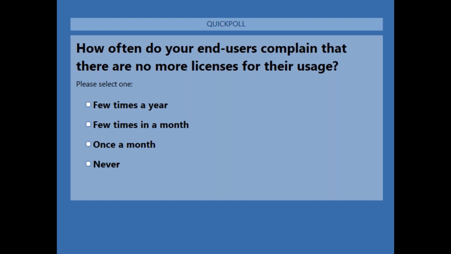So about 50% say that it happens a few times a year, which is a good sign. So basically people are ensuring that they have enough licenses for their engineers, architects, and technicians to be able to do their work, which is a beautiful thing. That was about 50%. Thank you.